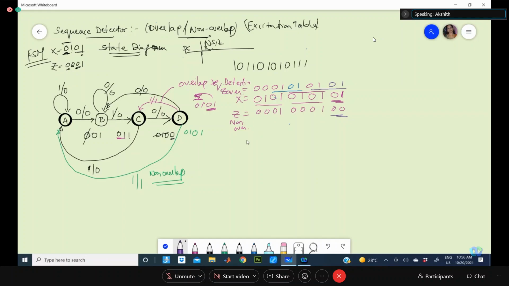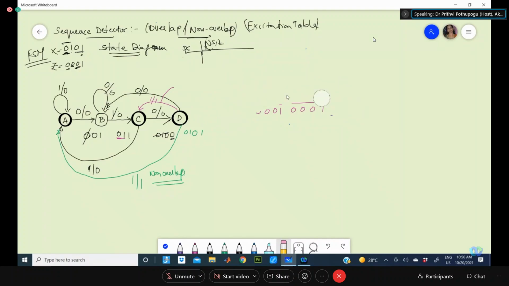Okay, tell me a 4-bit sequence, any 4-bit sequence of your choice. 1001. So how many bits can be considered as overlap here? Only 1 bit will be the overlap bit.